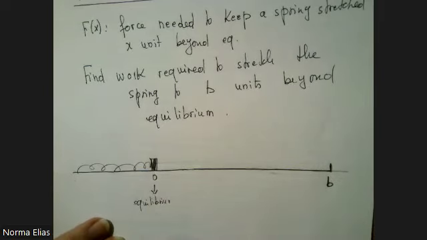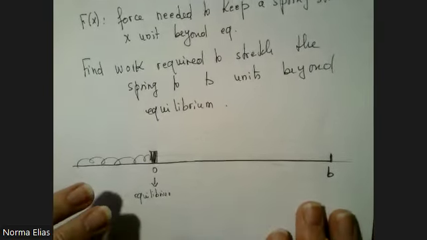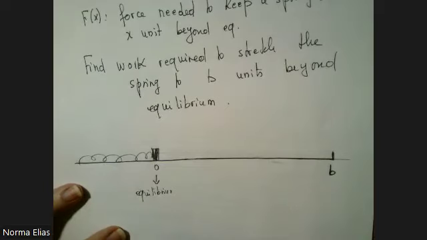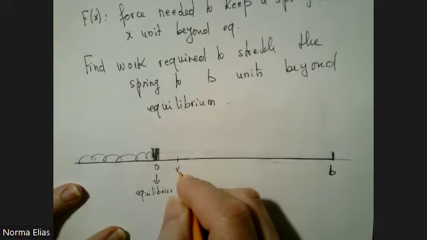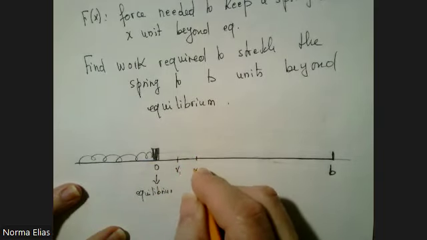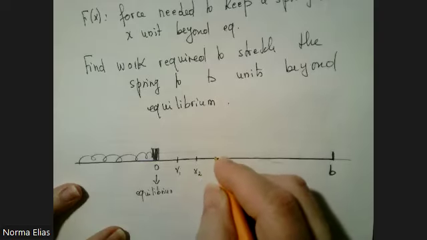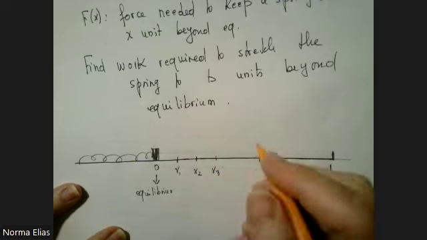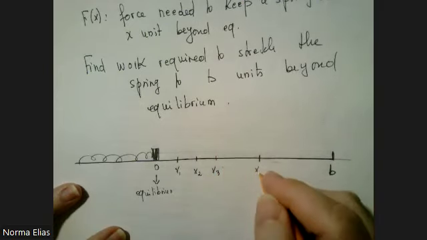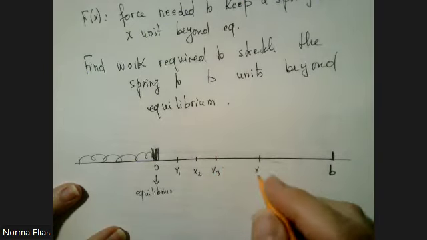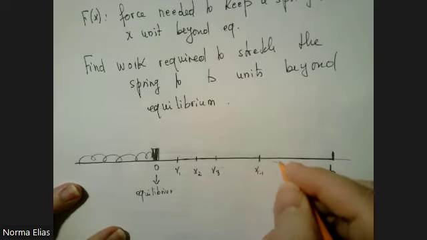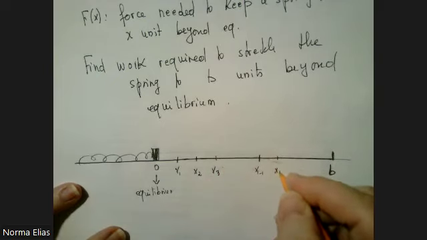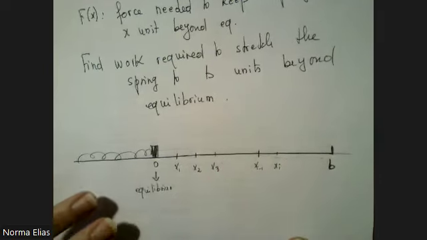Okay, cut up into little pieces, as if we have any other choice. We're going to cut up into little pieces and see what's the benefit of doing this. So I'm going to take this interval between 0 and B and cut it up into pieces. I'm going to call this x1, x2, of course, x3, and I keep going. I call this, if you want, xi minus 1, and this is xi, and so on and so forth.